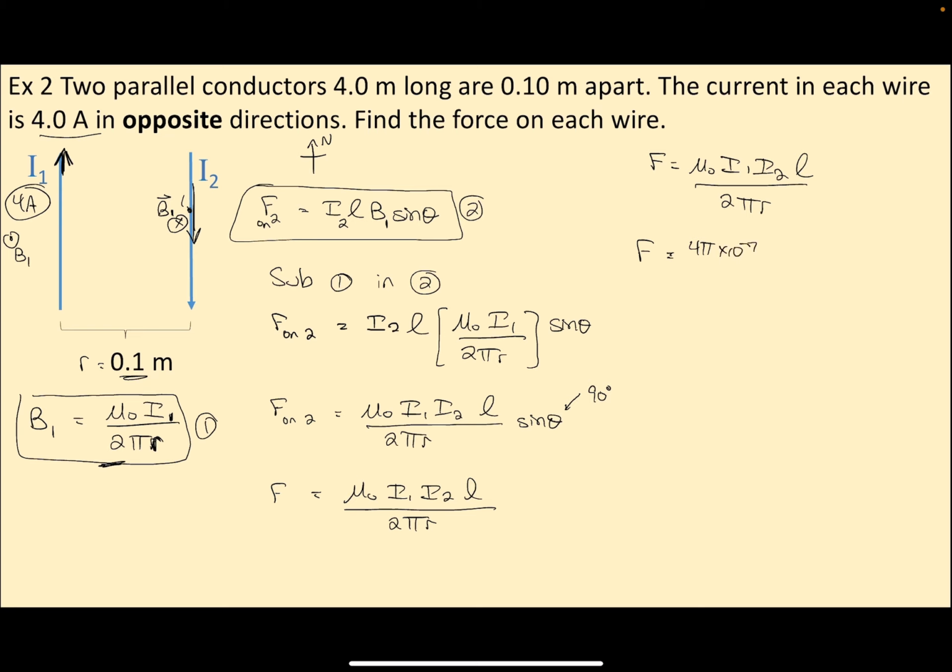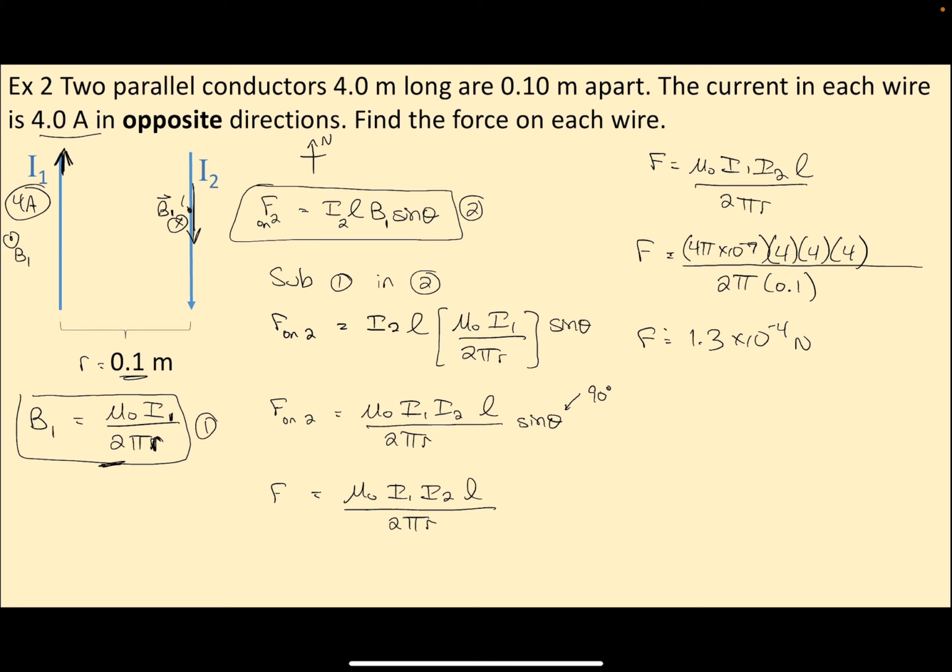Should know it after all these years, but sometimes I forget. Current 1 is 4, current 2 is 4. The length of each wire is 4. Okay, a lot of 4s here. There's not always all 4s, but that's I1, I2, and then the length of each wire. On the bottom, 2 pi, and then r is the distance between them in meters. We multiply all that out. We're going to get approximately 1.3 times 10 to the minus 4 newtons.